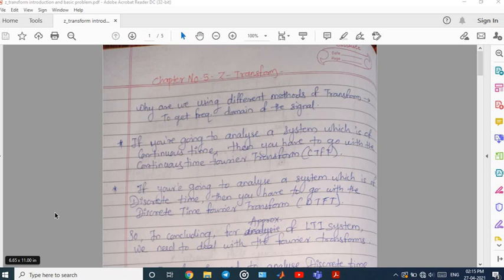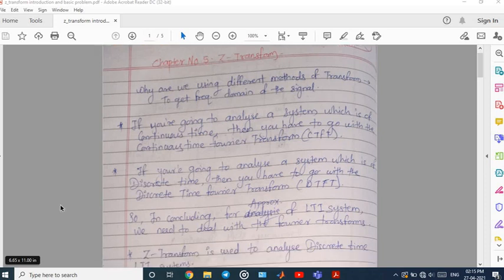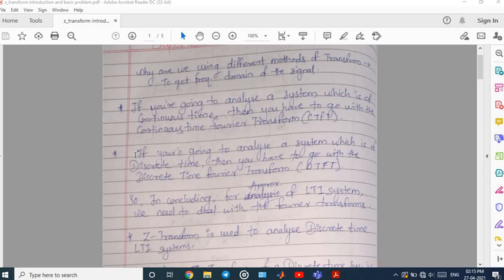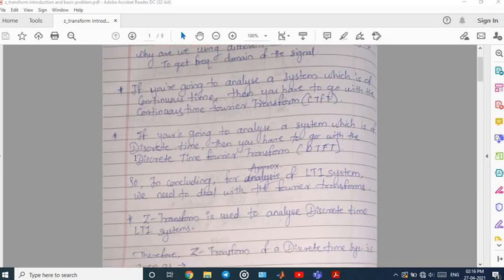Okay, for example, if you are going to analyze a system which is continuous time, CT, then you have to go with the continuous time Fourier transform, also Laplace transform. Okay, if you are going to analyze a system which is of discrete time, that is DT, digital signal, then you have to go with the discrete time Fourier transform, as we have seen earlier in chapter number 4, and also you are going to go with the Z transform.